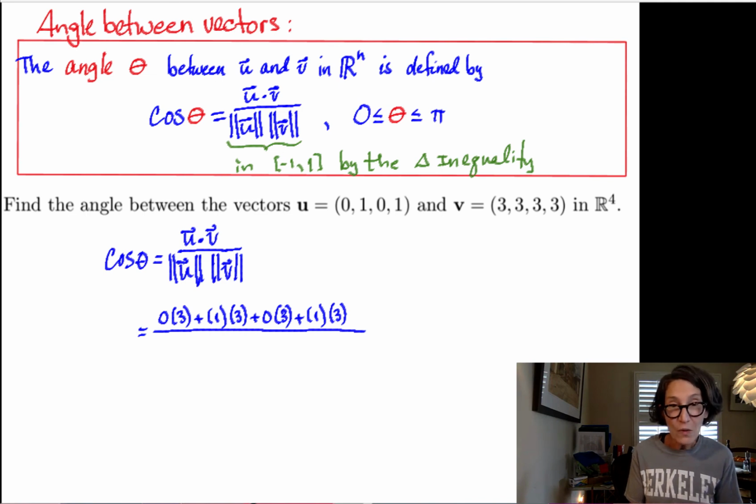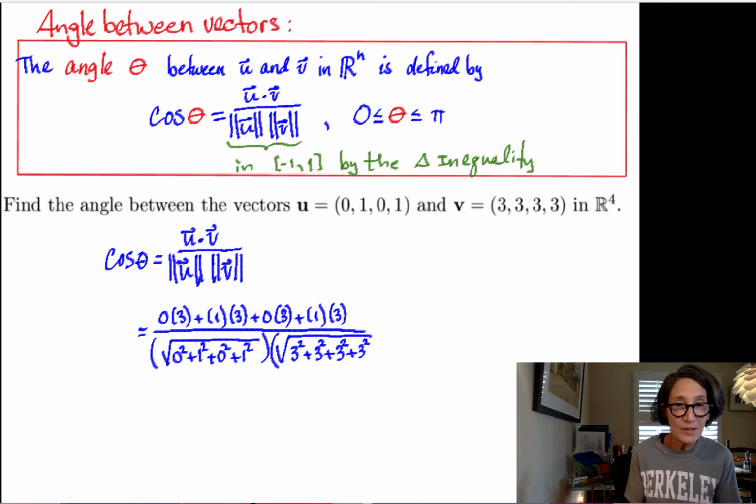Now the norm, or the magnitude of u, is going to be the square root of 0 squared plus 1 squared plus 0 squared plus 1 squared. And the magnitude of v is the square root of 3 squared plus 3 squared plus 3 squared plus 3 squared. If I simplify that, the numerator is going to be 6.